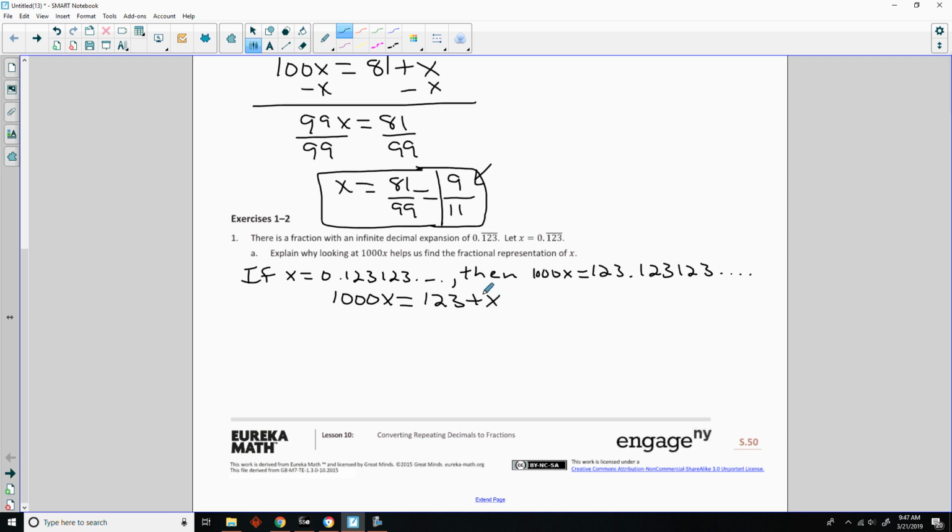Then we have x's on both sides and we can solve. So that's why looking at 1000x will help us find that fraction representation. As soon as we can get the decimal to move over one group of repeats, then we can have an x on both sides and solve.